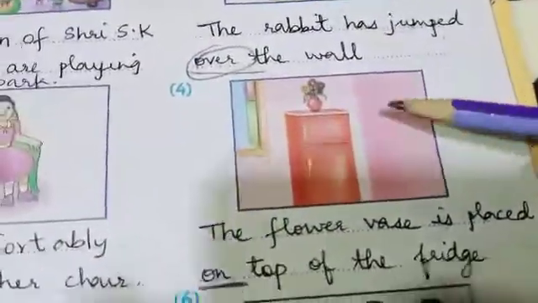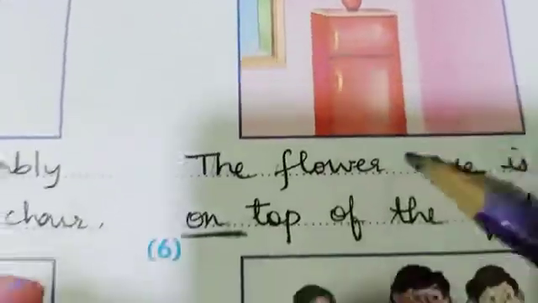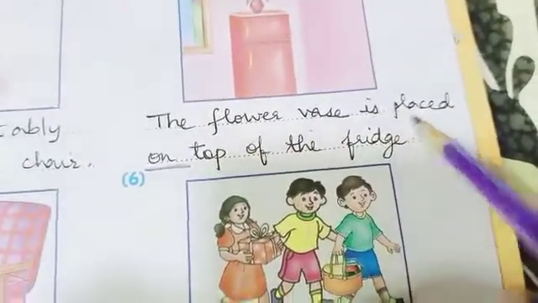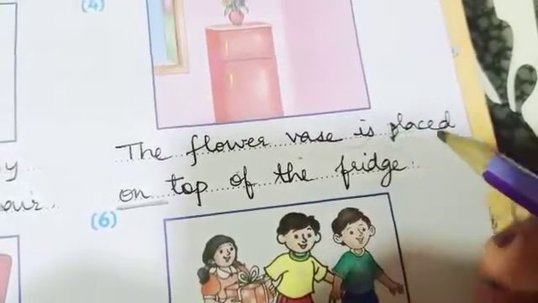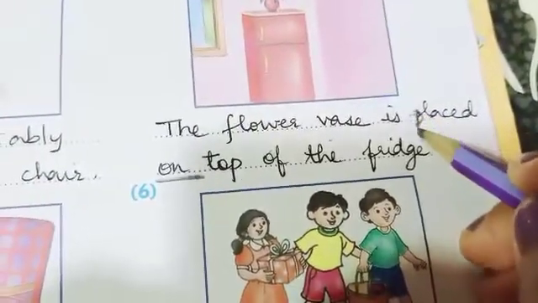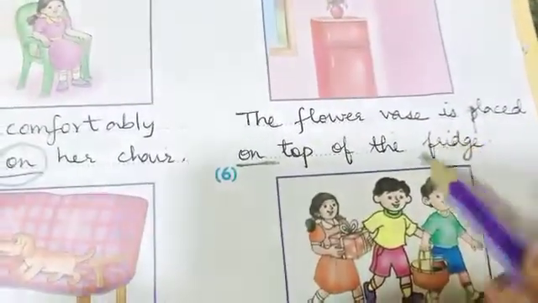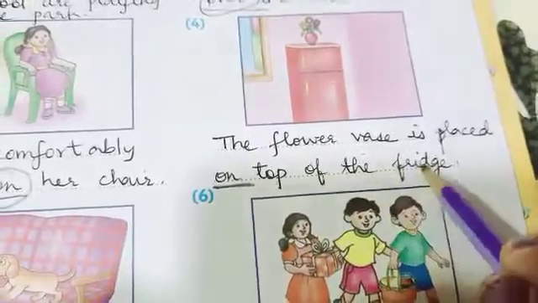The fourth picture, there is a fridge and this is a flower vase. So the sentence is, the flower vase is placed on top of the fridge.